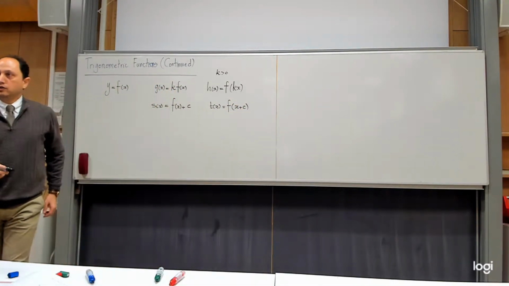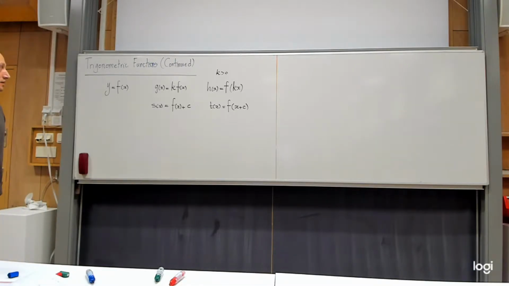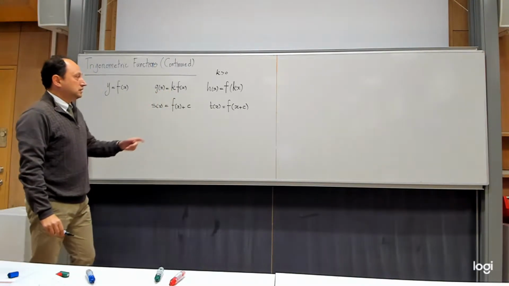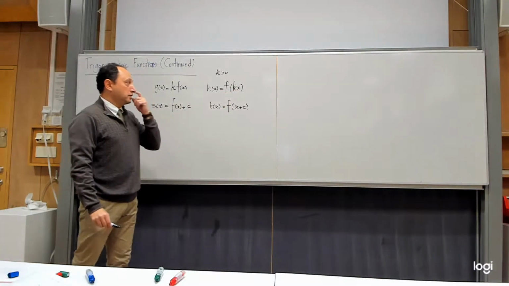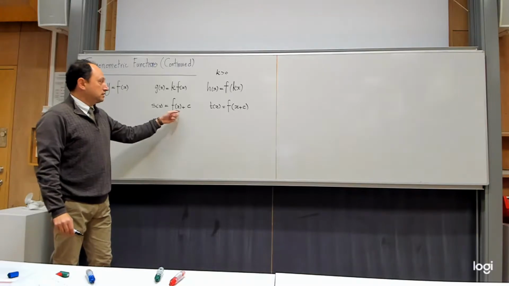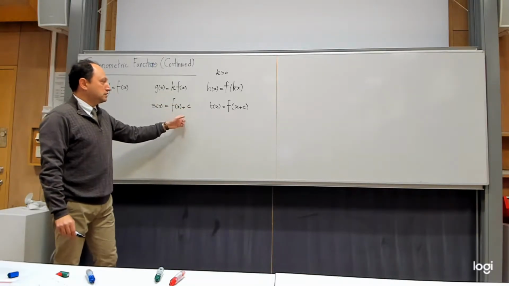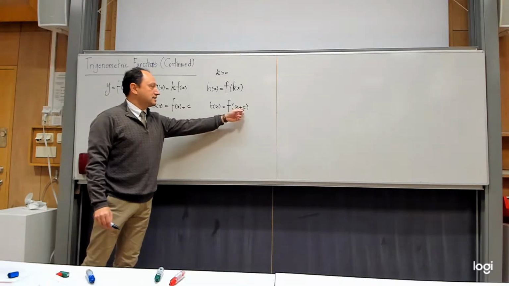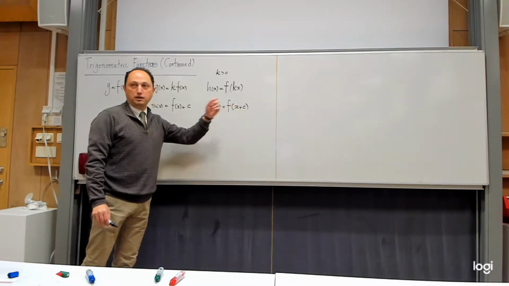So we want to understand the effect of four operations on the graph of a function. I multiply my function by a number, I multiply the input of my function by a number, I add a number c to my function, where c can be any number, positive or negative, and the last one is that I add a constant c to the input of the function.